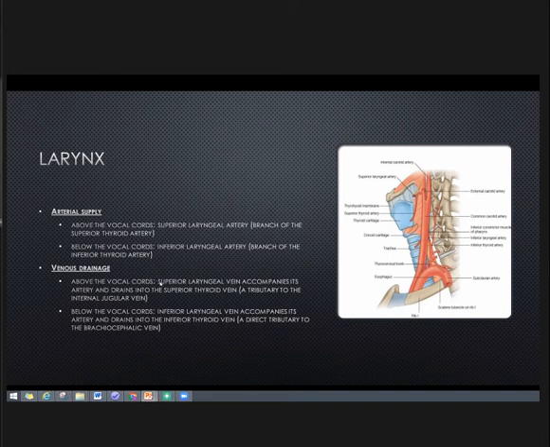Its venous drainage, above the vocal cords, drains to the superior laryngeal vein. The superior laryngeal vein accompanies the superior laryngeal artery, and it drains to the superior thyroid vein. While below the vocal cords, it drains to the inferior laryngeal vein and then to the inferior thyroid vein.